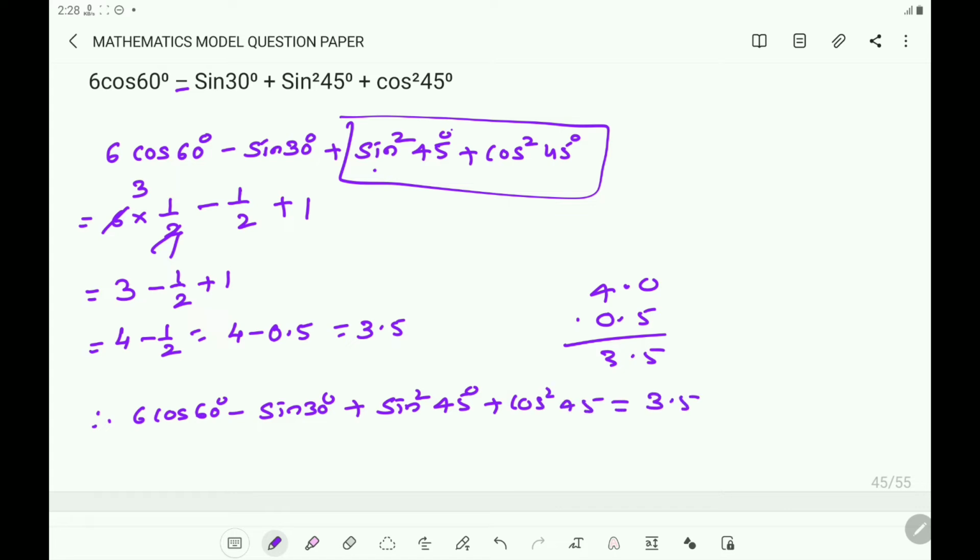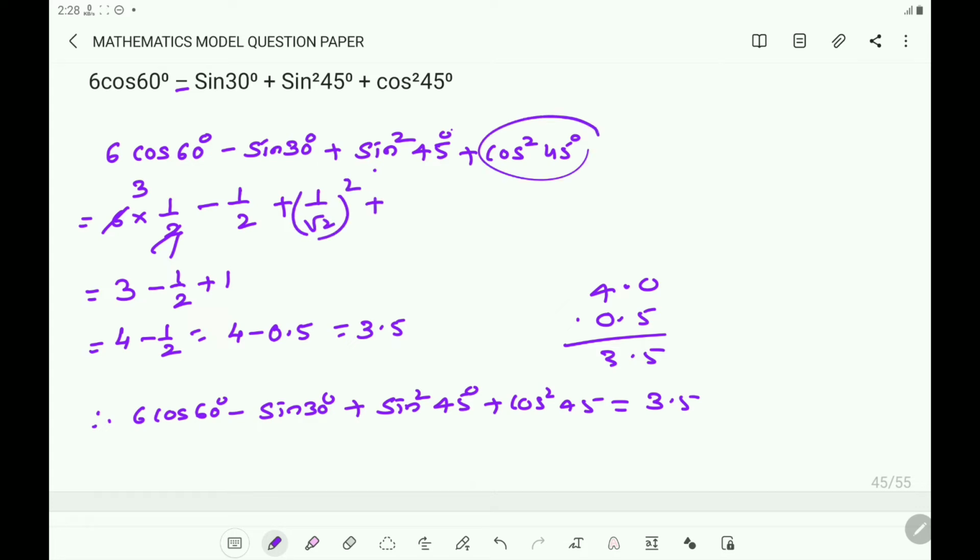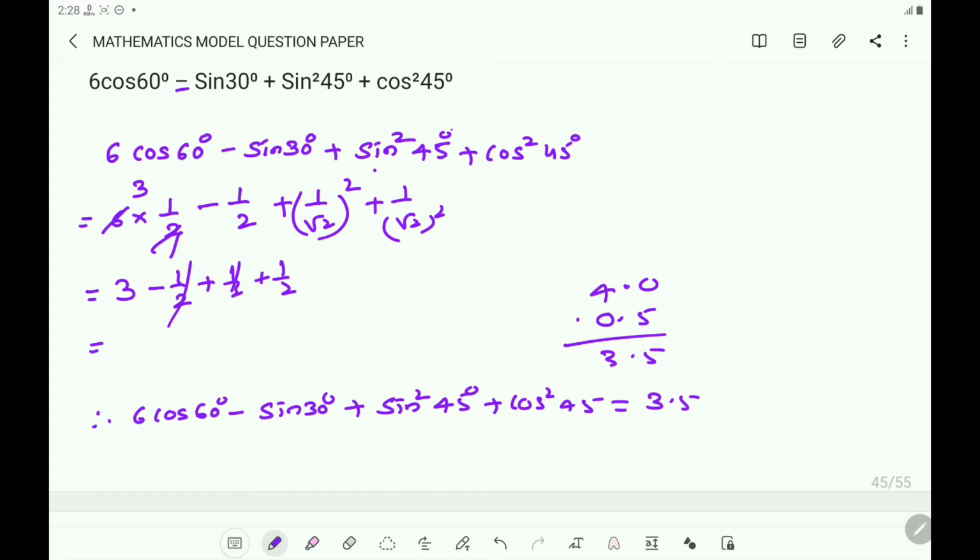equals to what? 3.5. Here you can write, if you put the values, it becomes 1 by root 2 whole square plus this is also 1 by root 2 whole square. Then it becomes 1 by 2 plus 1 by 2, then you can cancel this. Then also you can have 3 plus 1 by 2, which is also equals to 3.5.